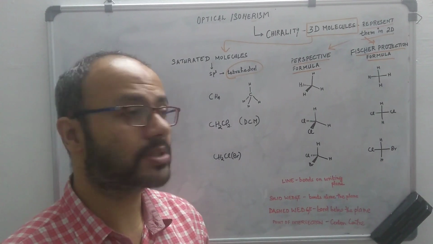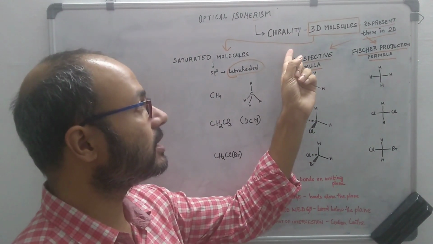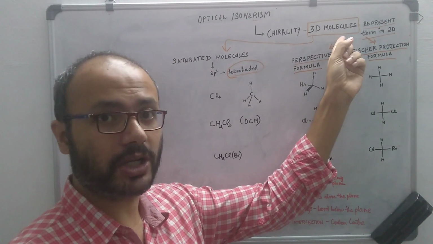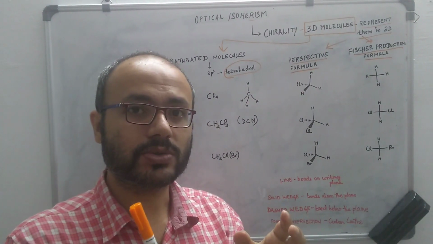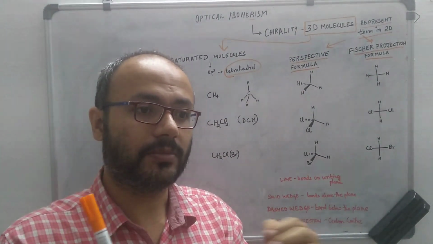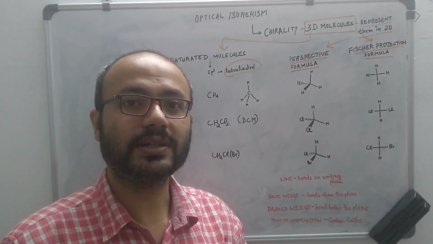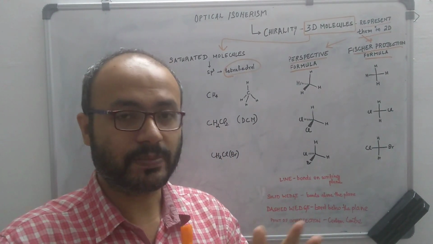In organic molecules, chirality could be exhibited only by 3D molecules. That means those molecules which can spread over the three-dimensional space.